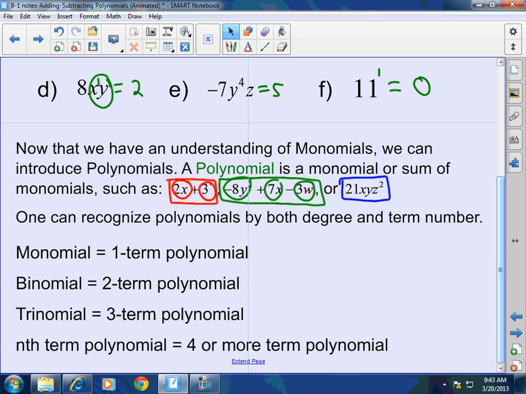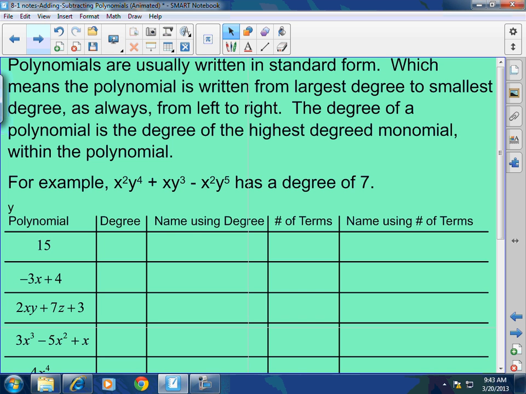Easy, right? But there's already a lot of different little vocabulary. There's a lot of little restrictions. Easy, as long as we learn the rules. Okay. Now, polynomials are usually written in standard form. And standard form basically means the polynomial is written from the largest degree to the smallest degree.